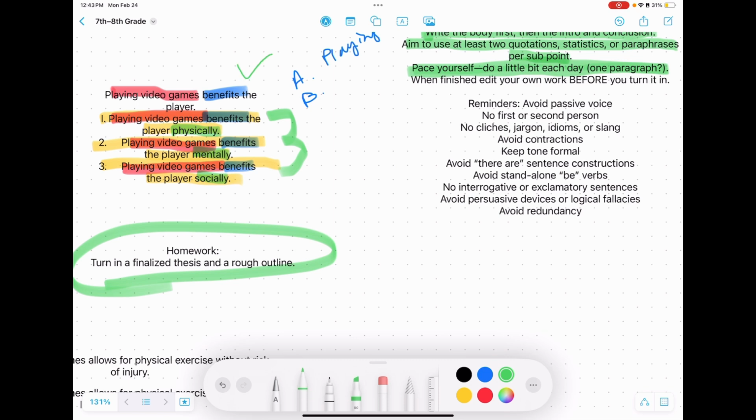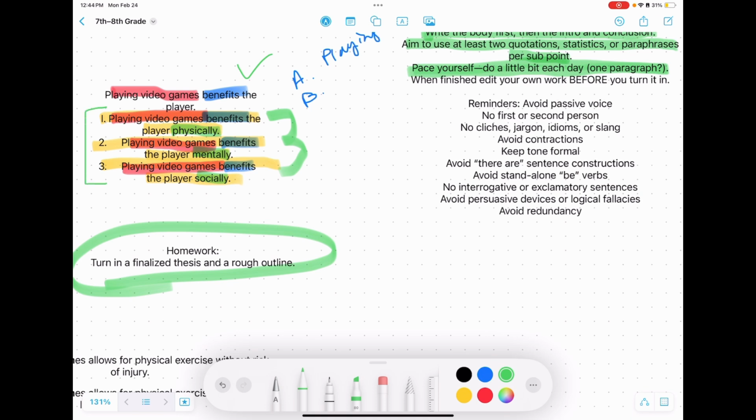This is different from the 5-paragraph essay because sometimes it takes a little bit longer to give the background and the context of your research. No matter how many paragraphs you have in your introduction, the very last sentence of the last introductory paragraph is where your thesis still goes. It is the last sentence before you begin your body paragraph, okay?